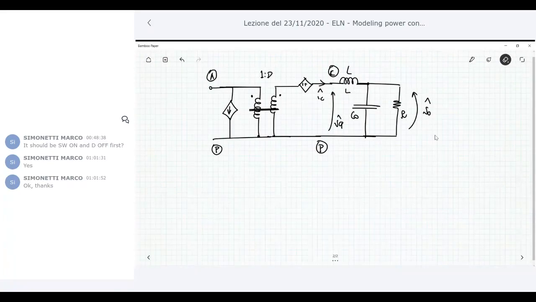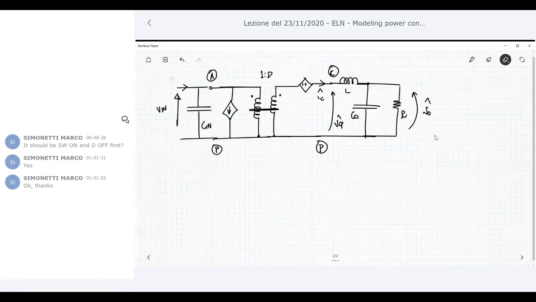At the input side, we have the input capacitor, which is C in, and then we have the input. And this current, sorry, this one, is IA hat.